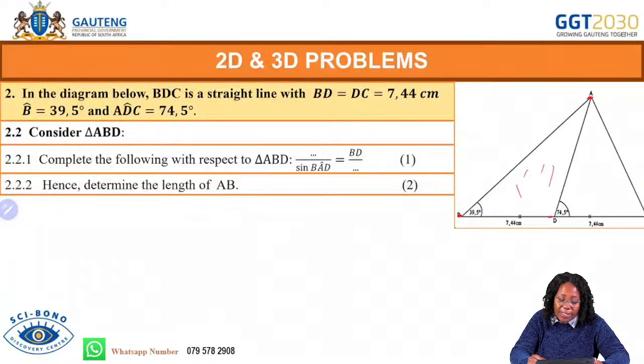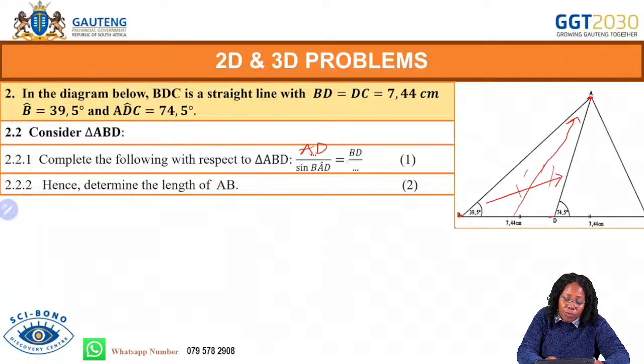And then the sine of ABD, this angle here, goes with this side AD, so it will be AD over side BAD. And then the BD side is this side here. It will go with this angle here, that means side of angle BAD.